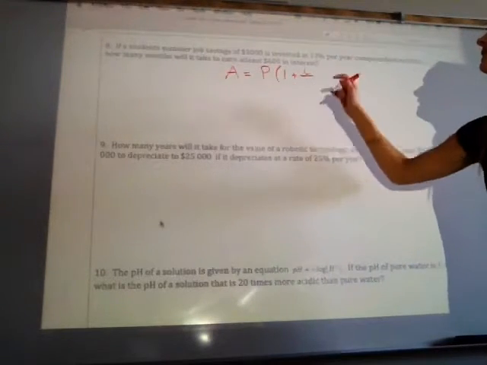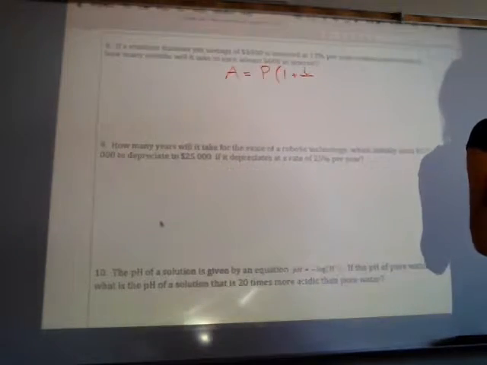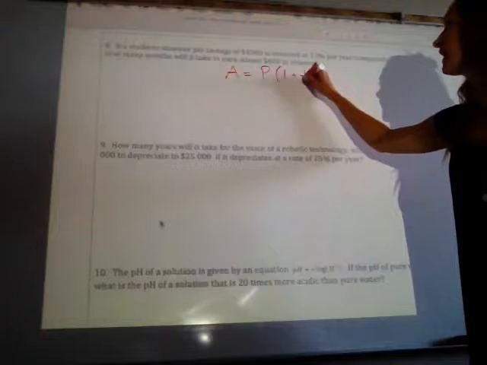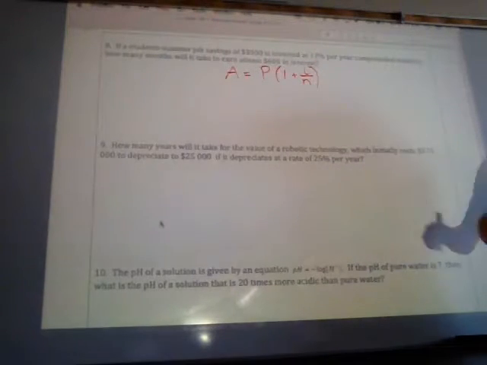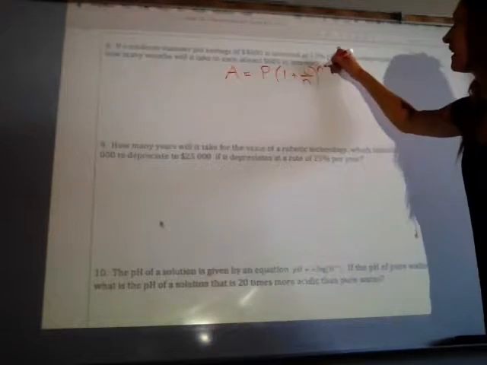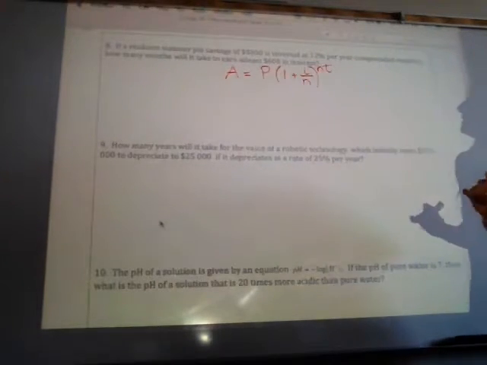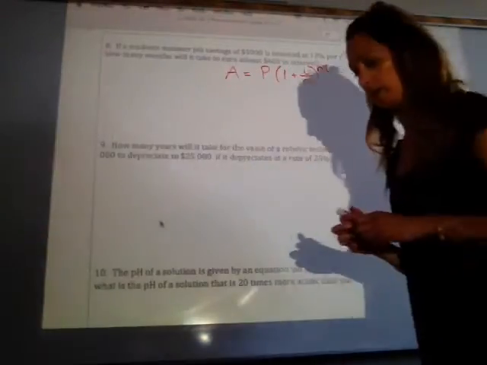In this case, is it 12 or 0.12? Good, you take the decimal version. Divided by the number of compound periods. If we're compounding monthly, how many compound periods? 12. To the power of n times t years, or in this case, months. So A is equal to P times 1 plus i over n to the power of nt.